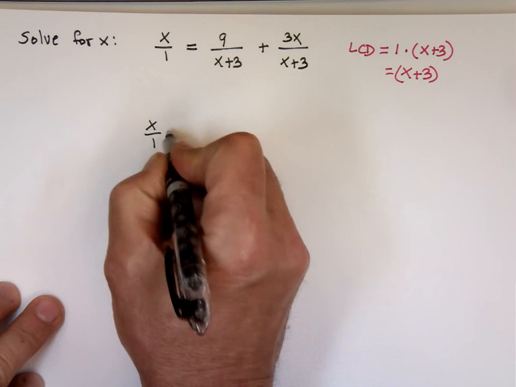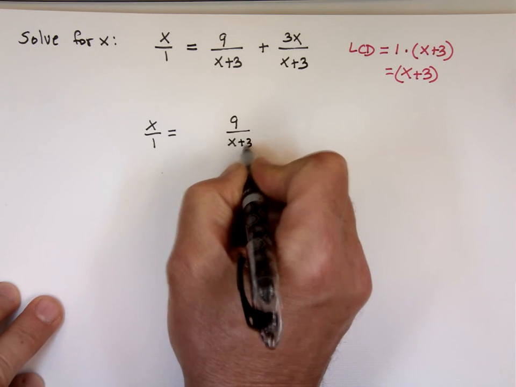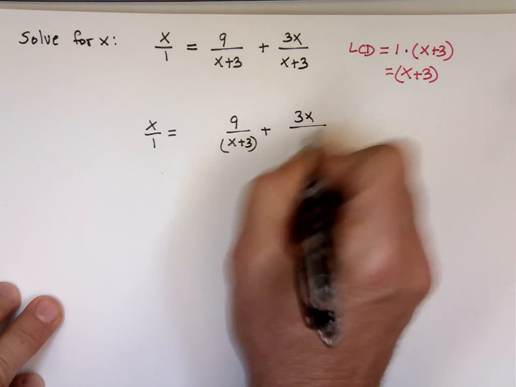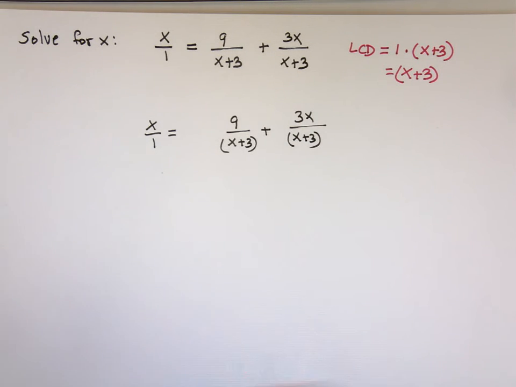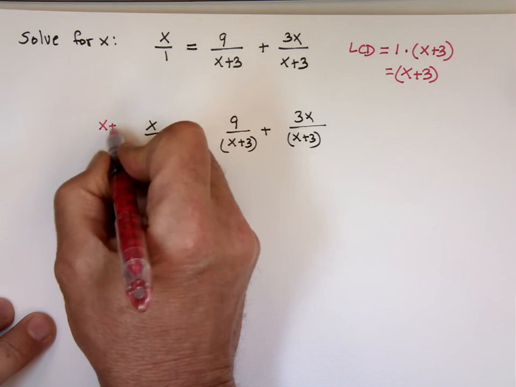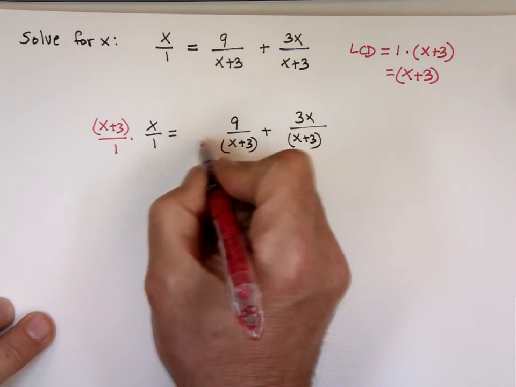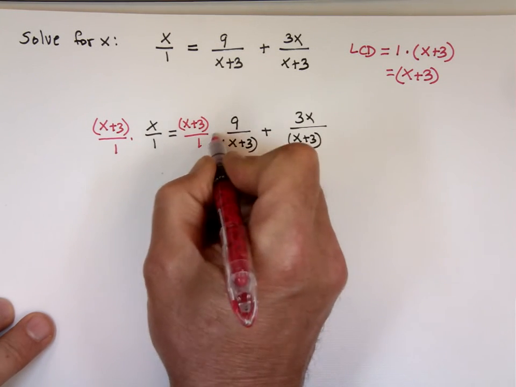Leave a space here. Let's multiply by x plus 3. And let's multiply by x plus 3.